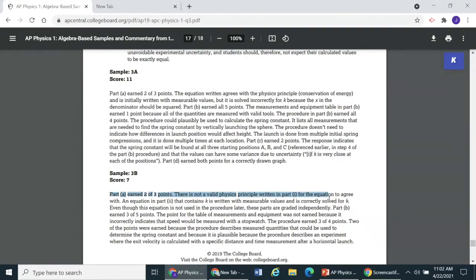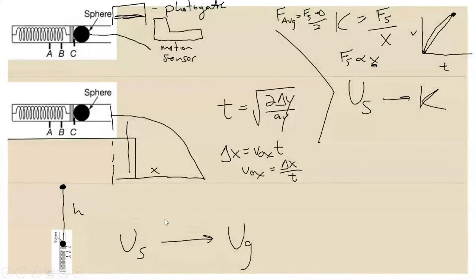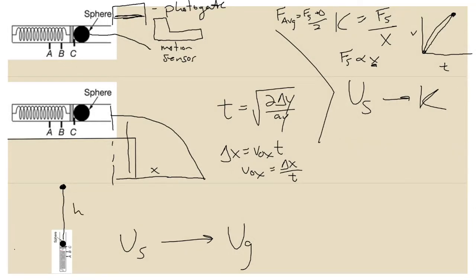However, an equation in Part 2 that contains K is written with measurable variables and correctly solved for K. Even though this equation is not used in the procedure later, these parts are graded independently. And so even if you just solved any random equation for K, they're giving points for that. You gotta try something.